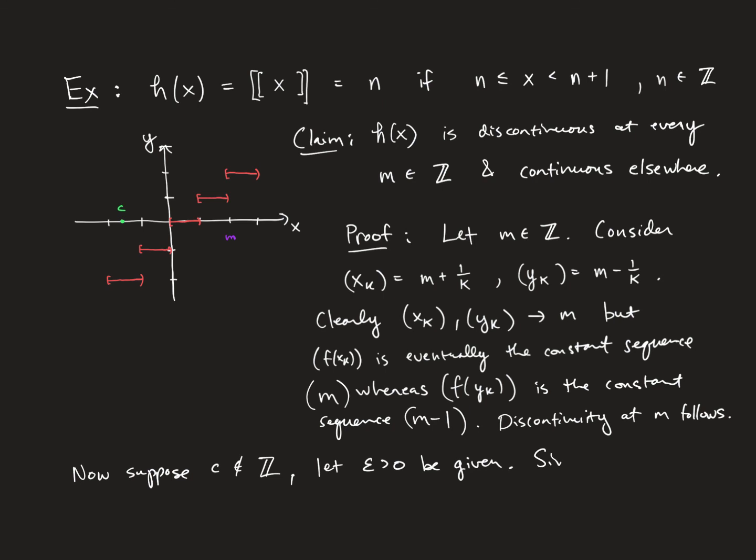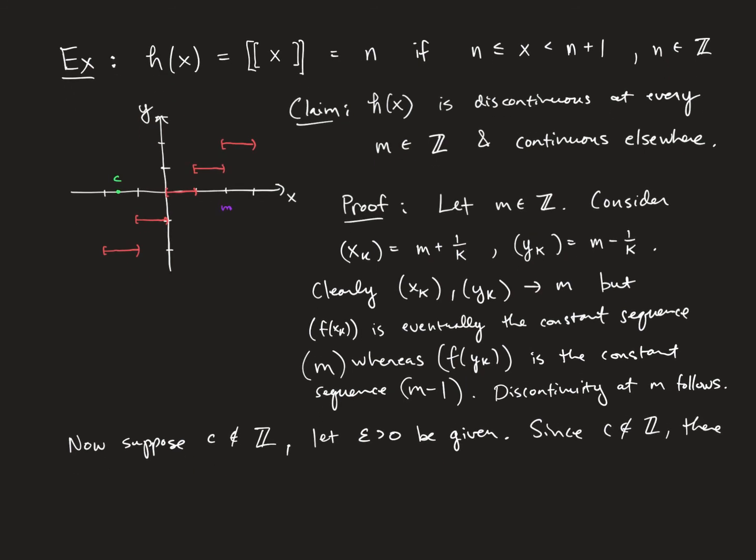So since C is not in Z, there is an n in Z such that C is strictly between n and n plus 1. So in our picture, this is n, and this is n plus 1.